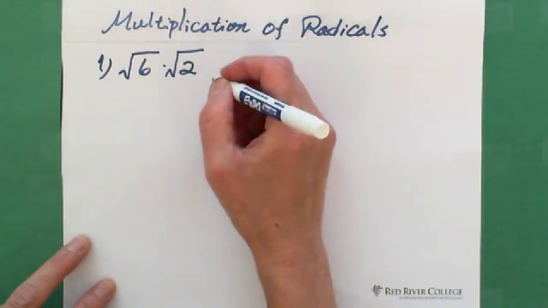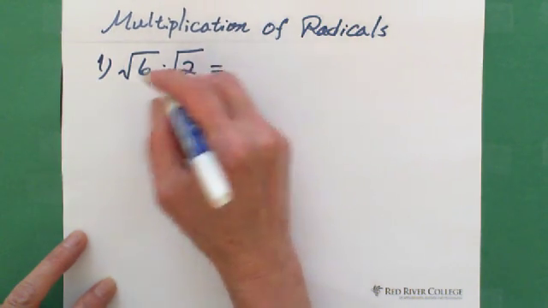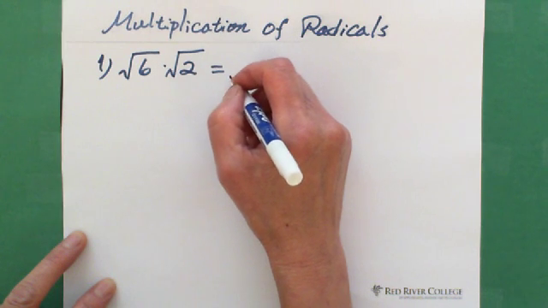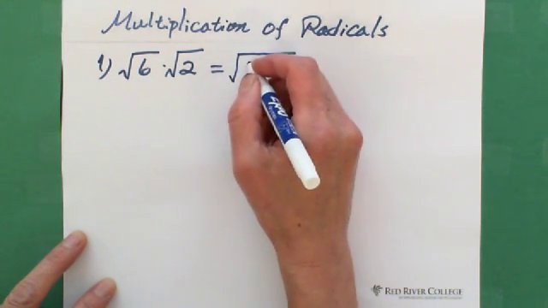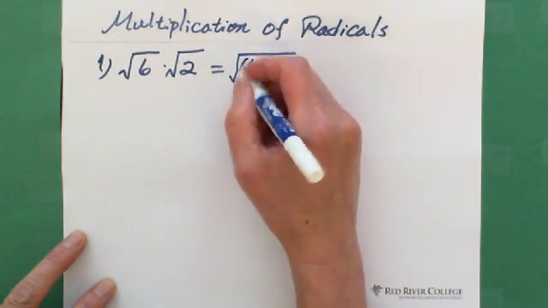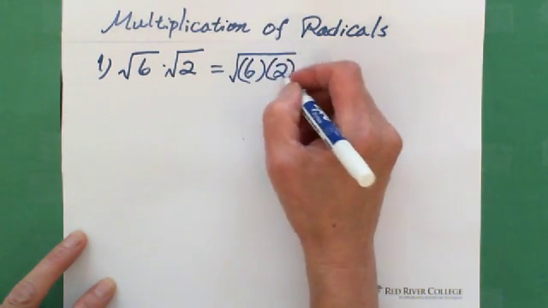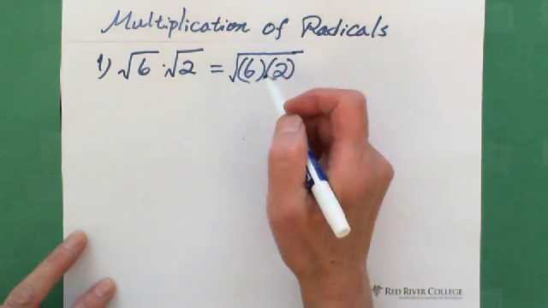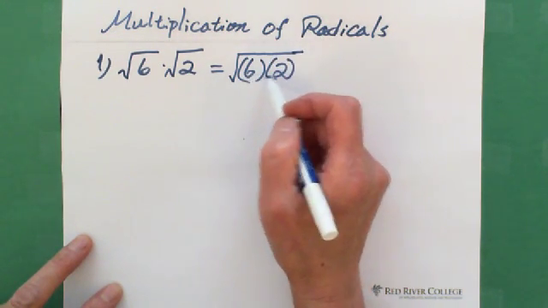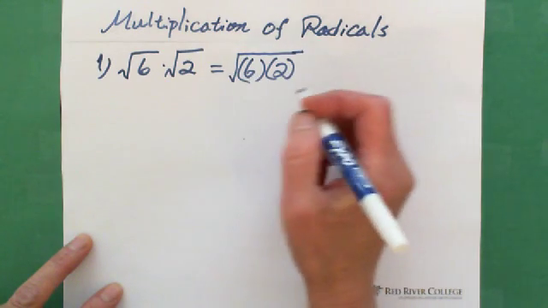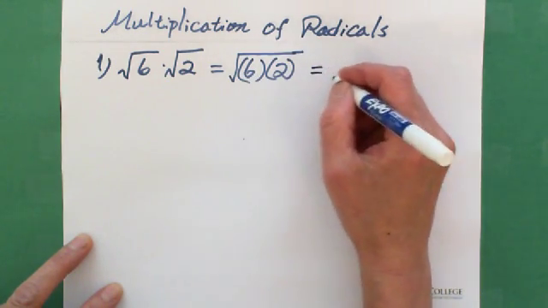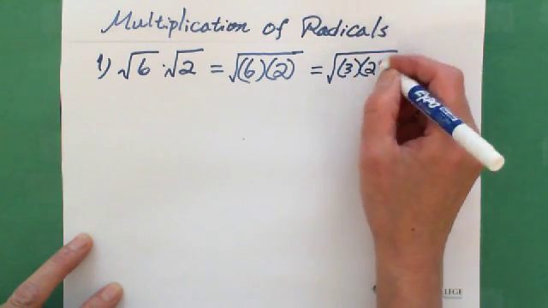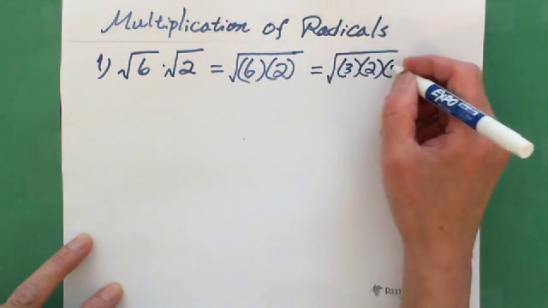So follow the rule: because they have the same radical, square root, we can write them together. And we don't need to multiply to get 12, but we need to separate and factor. 6 can be written as 3 times 2, and this is another 2.